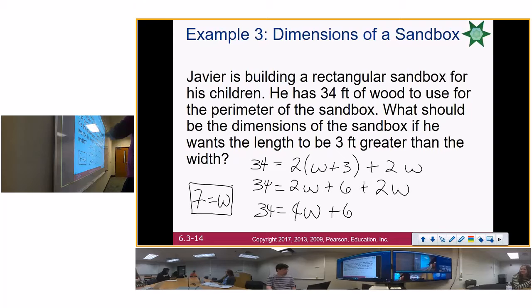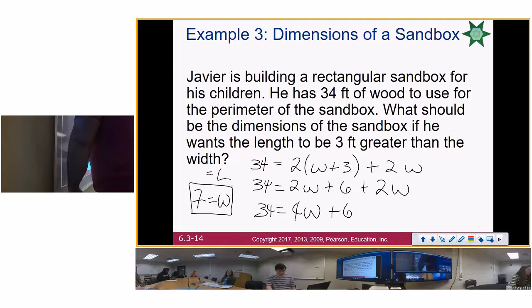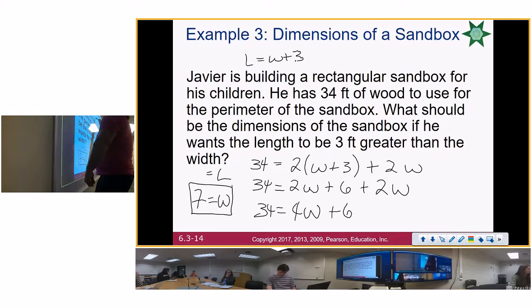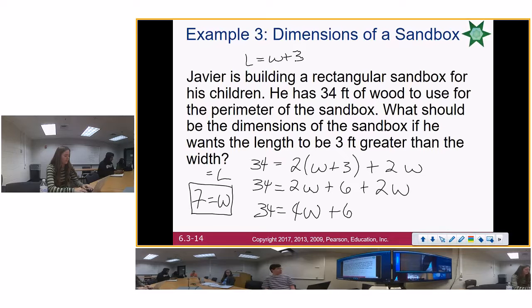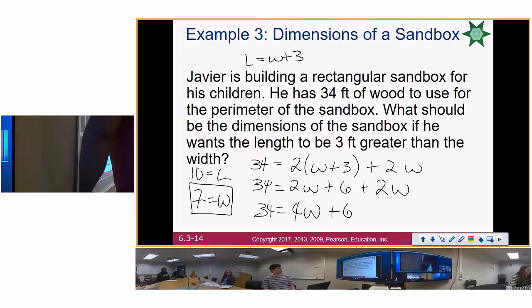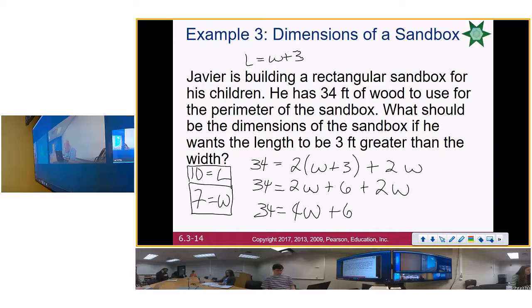And what is the length equal to? Length is equal to W plus 3. So somebody tell me what the length is equal to. Put 7 in: 10. So there is your answer. The width of your box is 7, and the base, or whatever, the length, is 10. The width is 7.